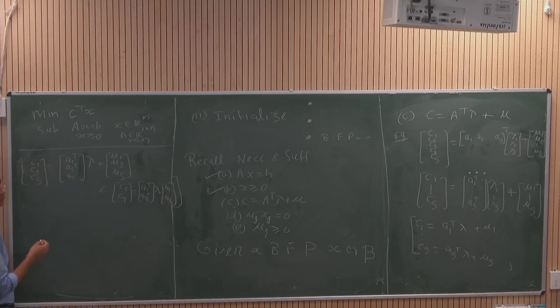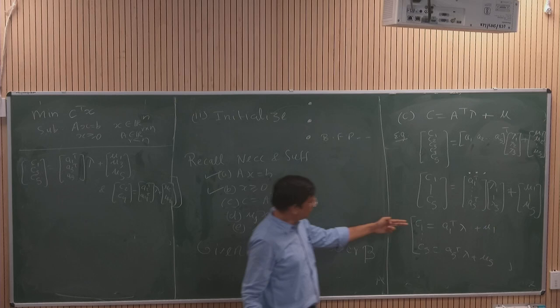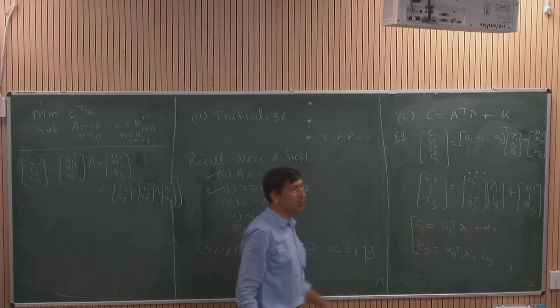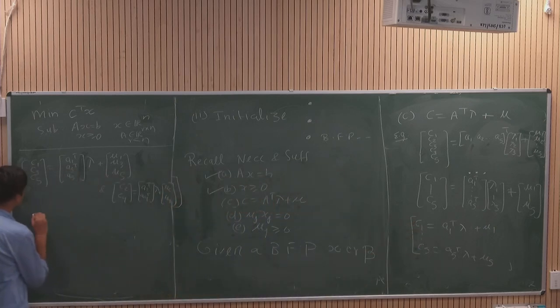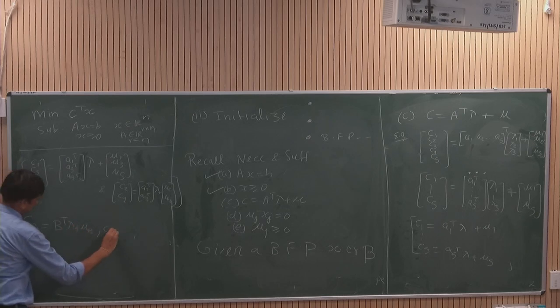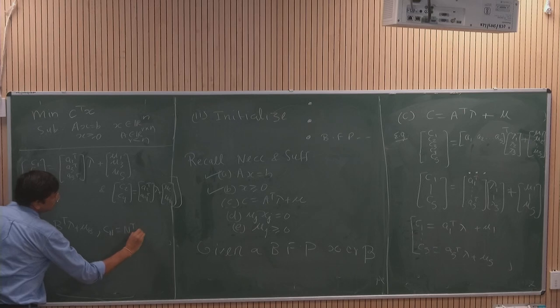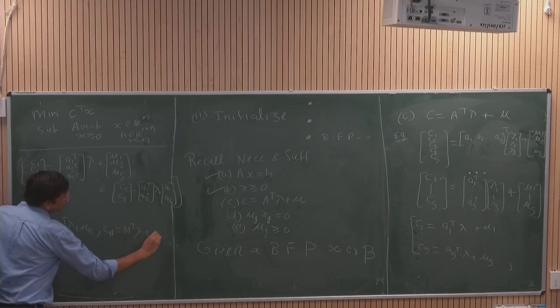Correct? There's nothing wrong. Those were the rows I had taken, 1, 3, 5 and 2 and 4. So this is equivalent to CB, which is B transpose times lambda plus mu B, and Cn is N transpose lambda plus mu N.